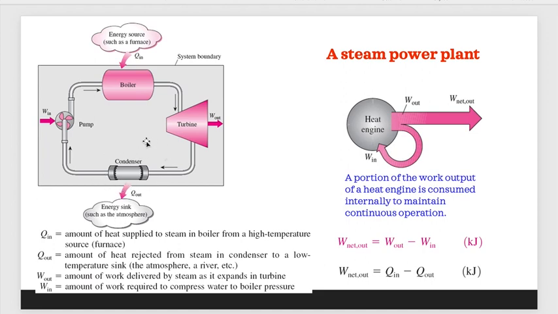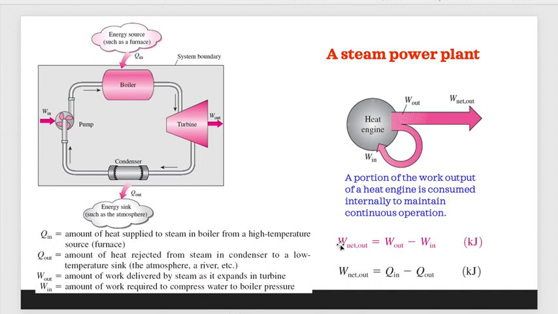Q out, at the condenser, is the amount of heat rejected from the steam in the condenser to a low temperature sink. W out, at the turbine, is the amount of work delivered by the steam as it expands in the turbine, and W in is the amount of work required to compress the water to the boiler.